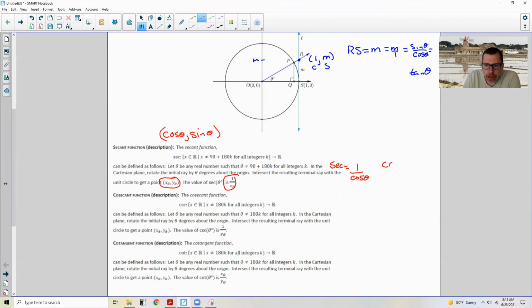By definition, the value of secant theta is 1 over cosine theta, and 1 over cosine theta is 1 over my x sub theta. And it just so happens that cosine of theta equals x sub theta. So 1 over x sub theta is the inverse of x sub theta, and therefore secant is the inverse of cosine.